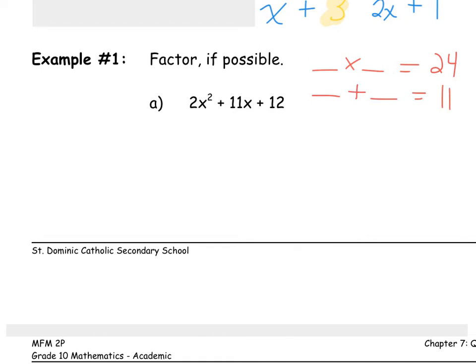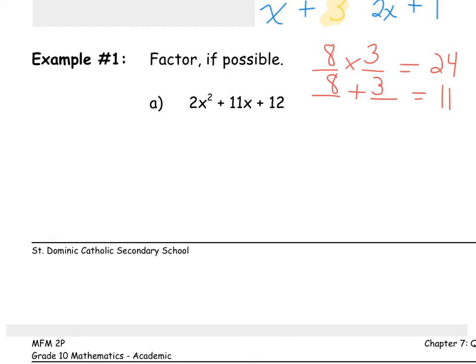Okay, so if you need to, pause the video now to think about what those numbers are, to work through your factors. I've already done this, and so I know that the numbers I'm looking for are 8 and 3. And 8 and 3 work in both scenarios, so I've found my factors. Okay, and so I'm going to try to do this over on the side so I have enough room.